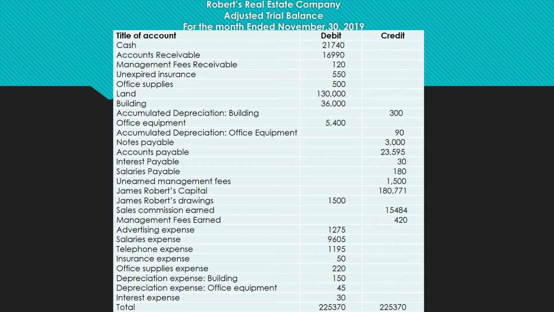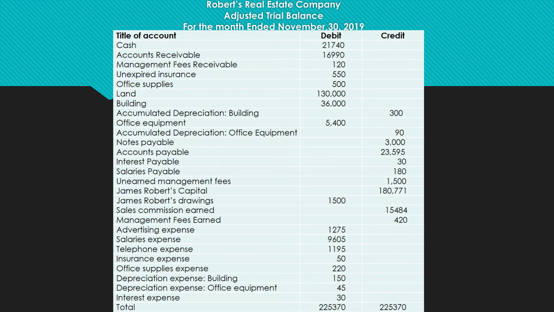So accumulated depreciation before adjustments was 45. Now 45 more for the month of November is added. Now total accumulated depreciation on office equipment becomes 90 by the end of November. So accumulated depreciation office equipment credit 90.